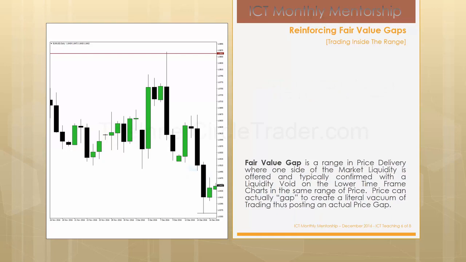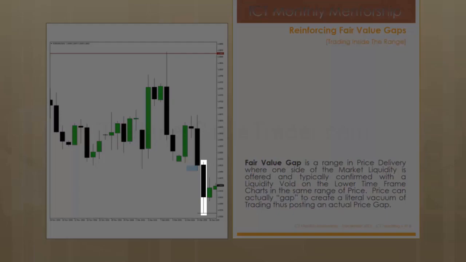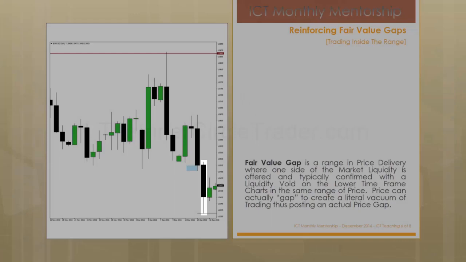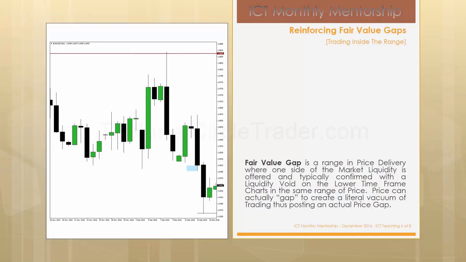So let's take a look at what makes that gap so significant. As you can see here, the candle to the left of the down candle that comprises the fair value gap, that's this candle here. And to the left of that, we have the higher bearish candle, and I'm drawing attention to the fact that it has a down close, but it's come off the low.